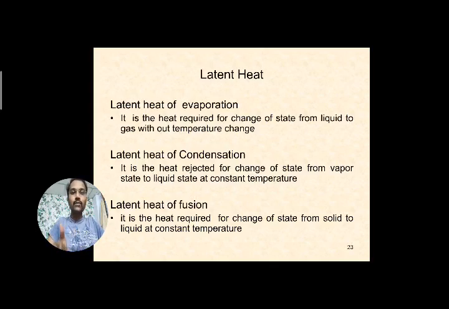The third one is latent heat of fusion. Consider any solid whose phase changes from solid to liquid. How much heat is required to change its phase from solid to liquid? The condition is constant temperature. The common point is that temperature is maintained, there is no change in temperature and only phase change takes place, so latent heat takes different forms like evaporation, condensation and fusion.